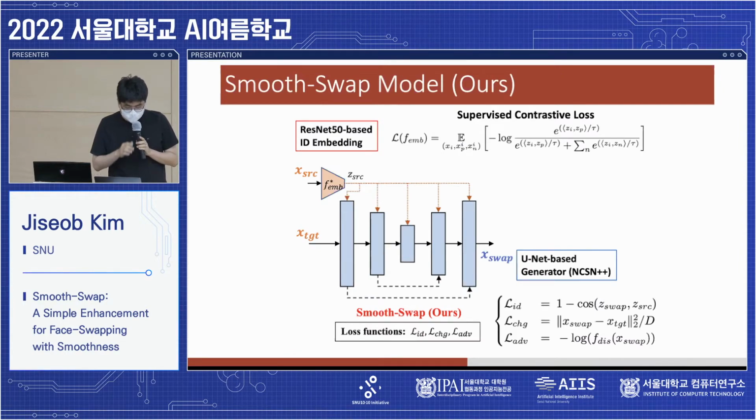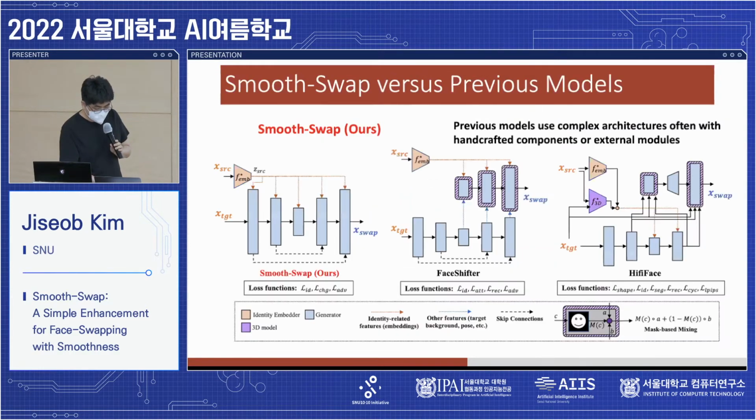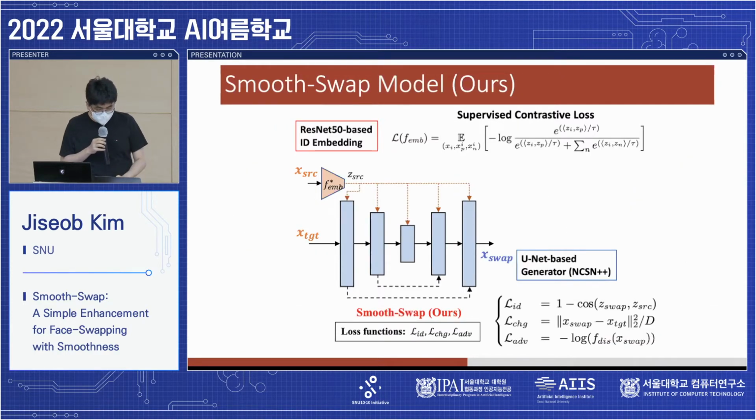And the loss functions are simple as well. We only use 3 loss functions, but the previous models use 4 or 6 loss functions, which is very difficult to stabilize or balance. We only use 3 loss functions, which are essential for the training.